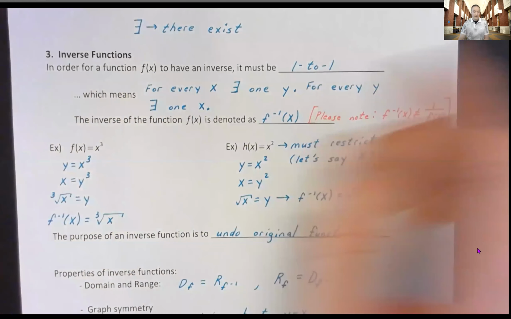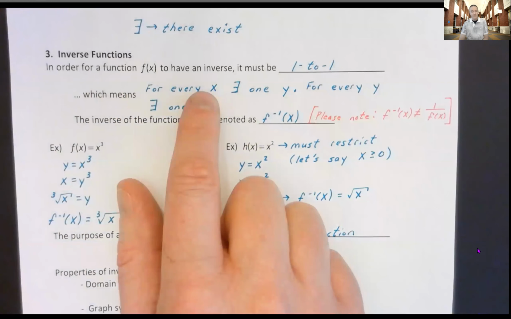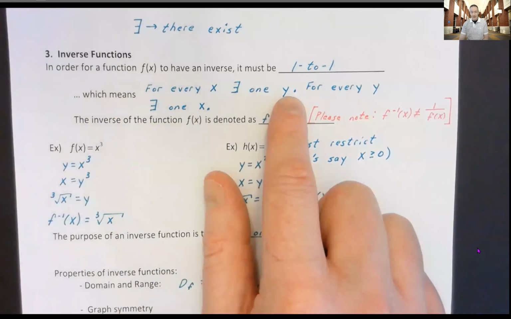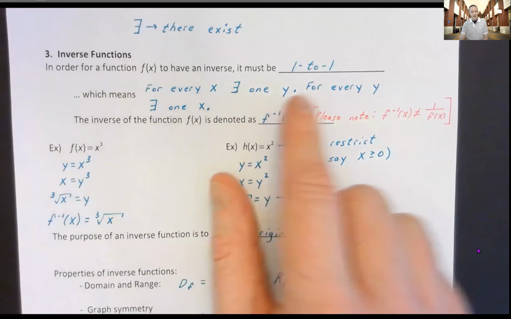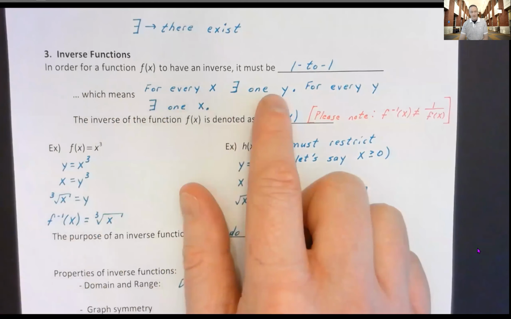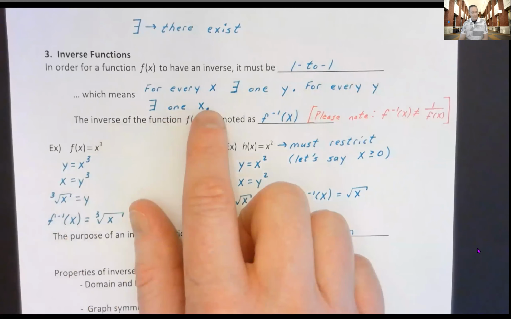It means, first of all, the definition of a function: for every x, there exists one y. And then I can say, well, all right, but what part of this makes it a 1-to-1 function? It's because that relationship is a two-way street. Yes, for every x, there exists only one y, but for every y, there exists one x.